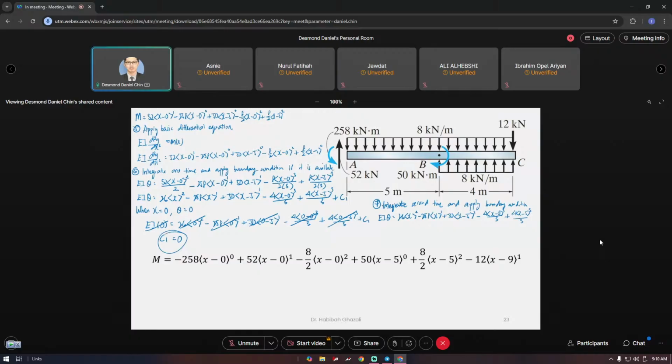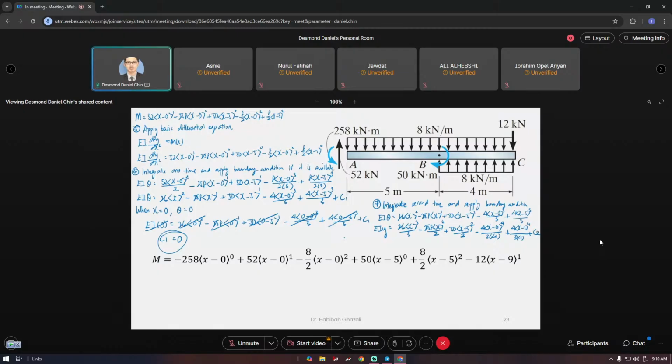So therefore, if I integrate it, then it will become EI y equals 26 x cubed divided by 3 minus 258 x squared divided by 2 plus 50 x minus 5 squared divided by 2 minus 4 x minus 0 to the power 4 divided by 3 times 4 plus 4x minus 5 to the power 4 divided by 3 times 4 plus C2.